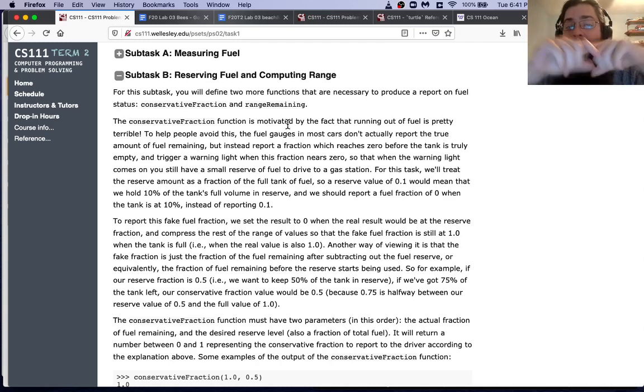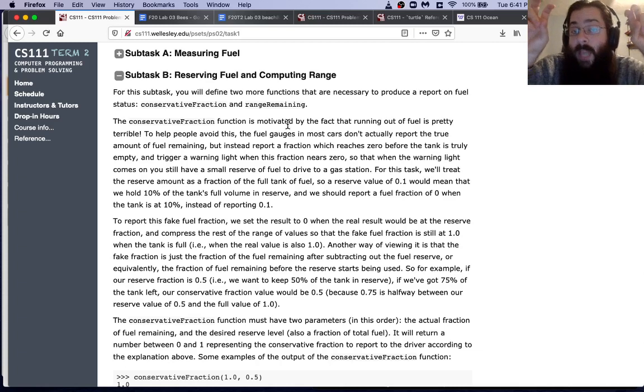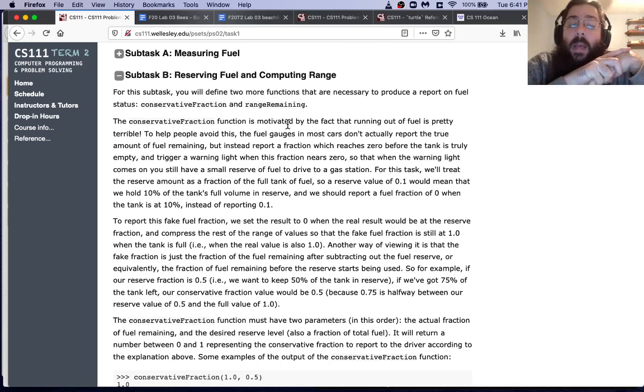The other half of the tank is the fuel we're going to pretend is all that's there. Out of that top half of the tank, since we're at 75% of a whole tank, we are actually at 25% empty, and so we have half of that unreserved fraction remaining. So the result of conservative fraction in this case would be 0.5.